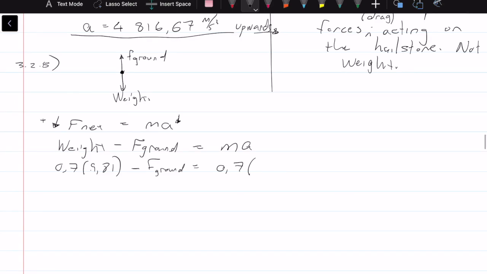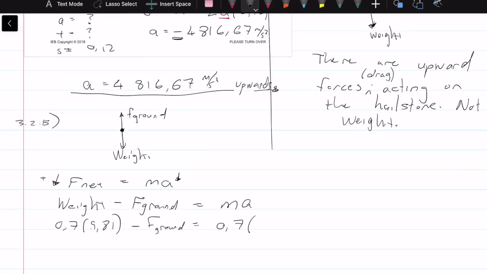But remember the acceleration was upwards, so it's going to be minus 4816.67. So the only unknown here is that value right there.